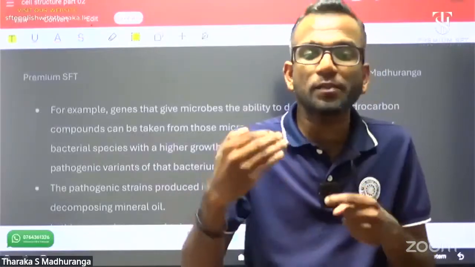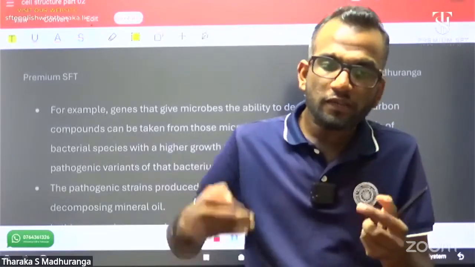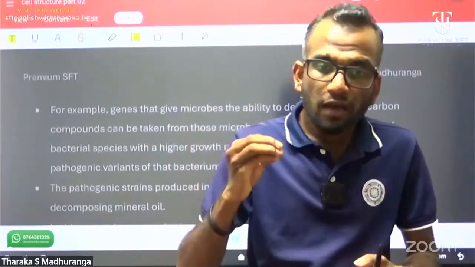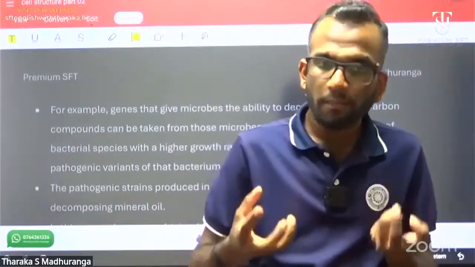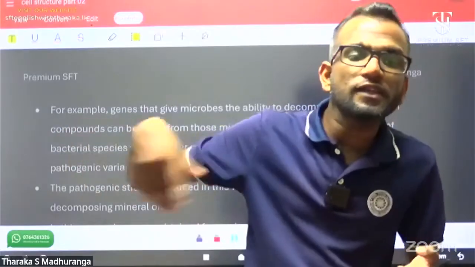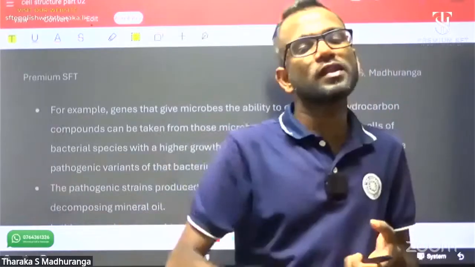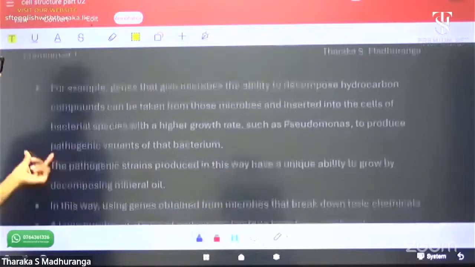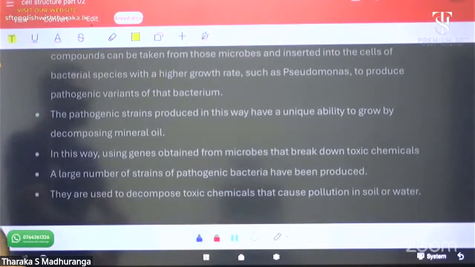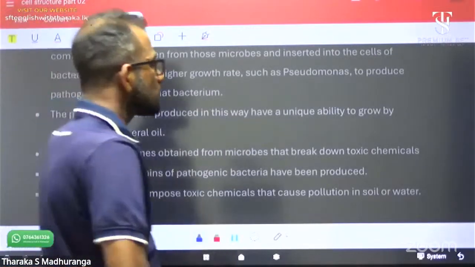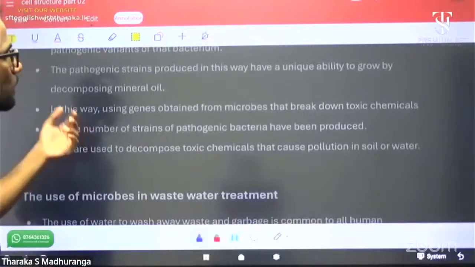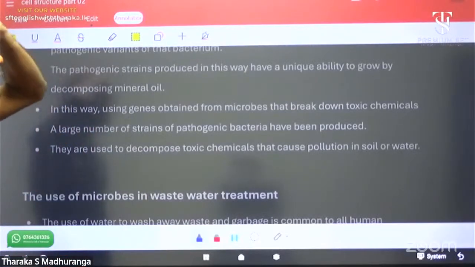Therefore, using genetic modification, we can produce microorganisms with a higher decomposition rate of hydrocarbons. Then oil spills in the water break down rapidly. The strains produced in this way have a unique ability to grow by decomposing mineral oil, using genes obtained from microbes that break down toxic chemicals.